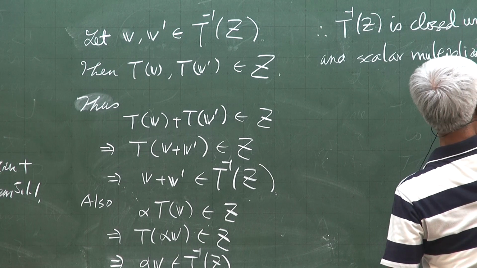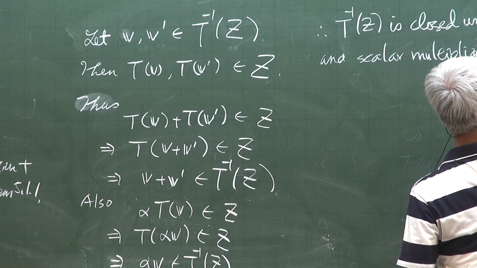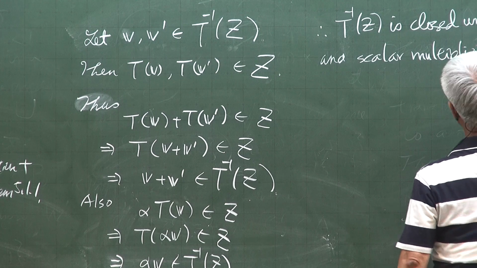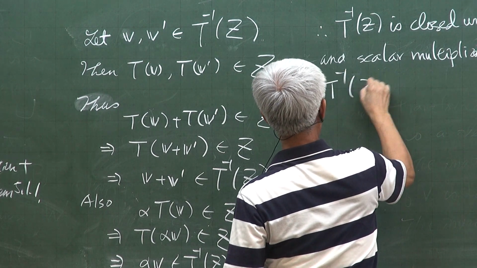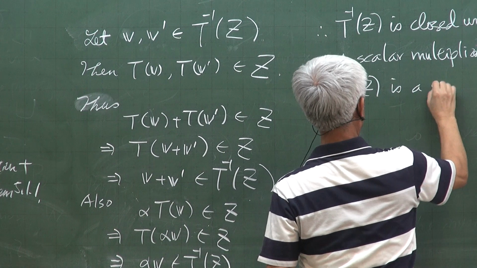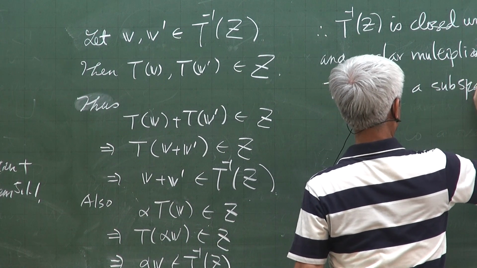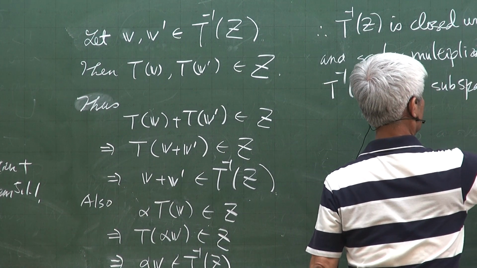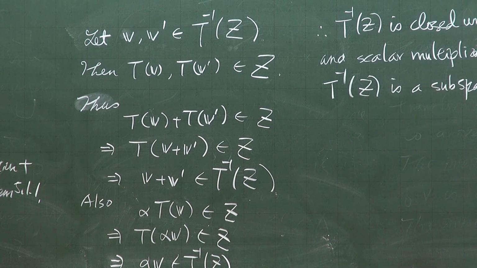So again, by theorem 5.1.1, the inverse image of Z is a subspace of the domain V. Okay, so this is the end of the proof.